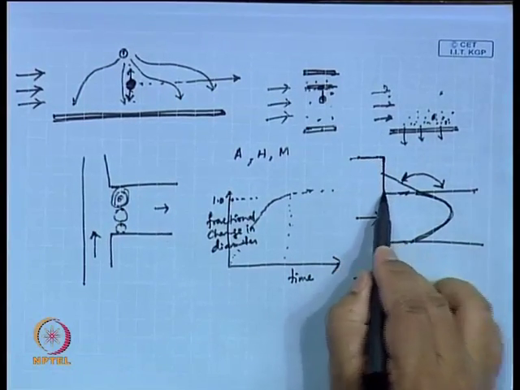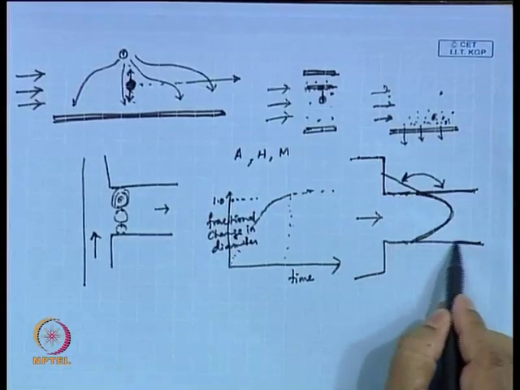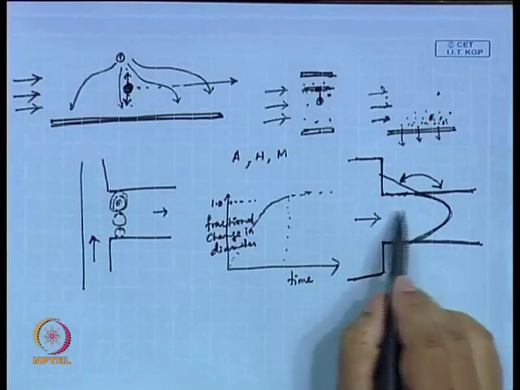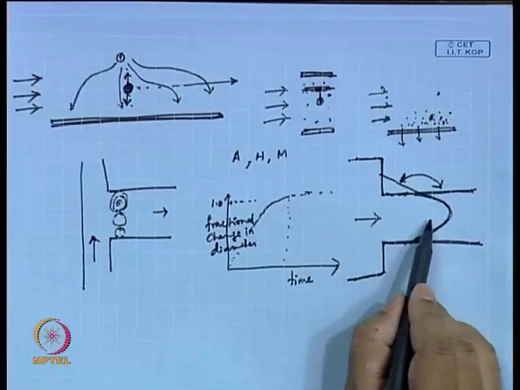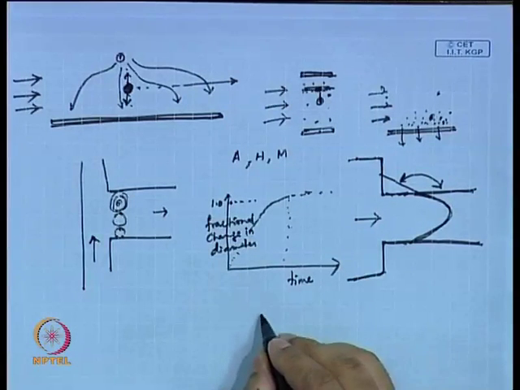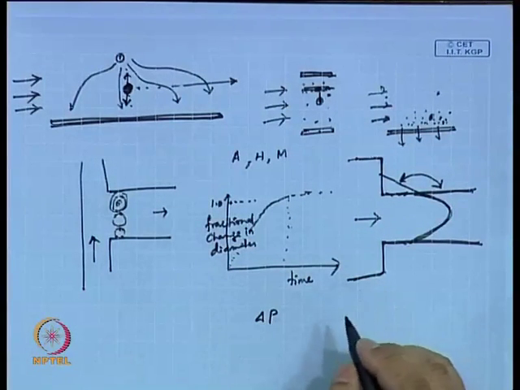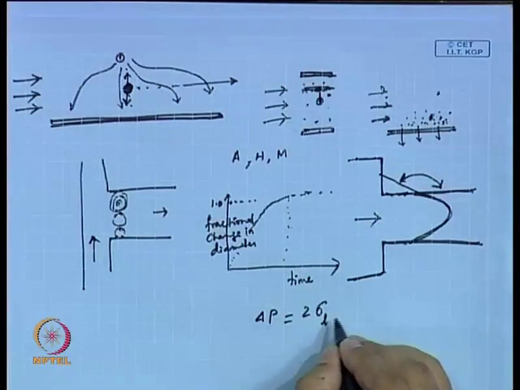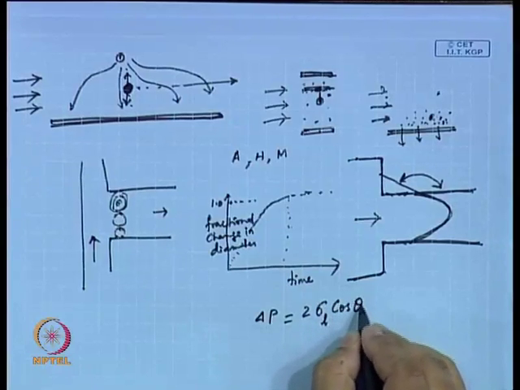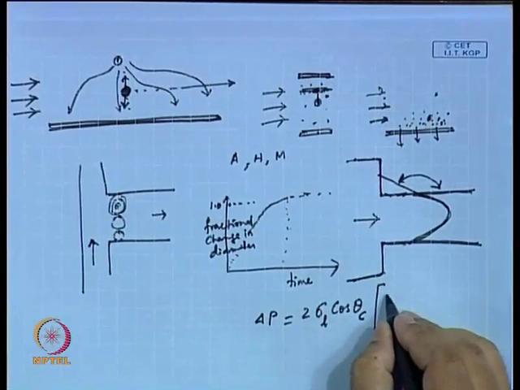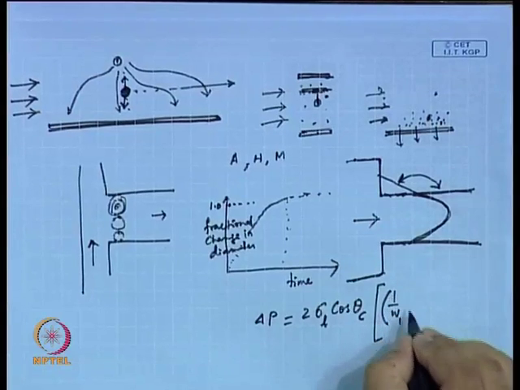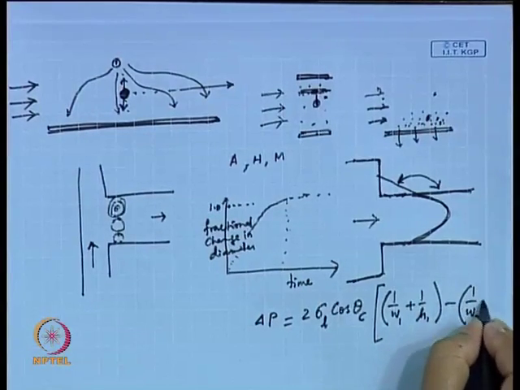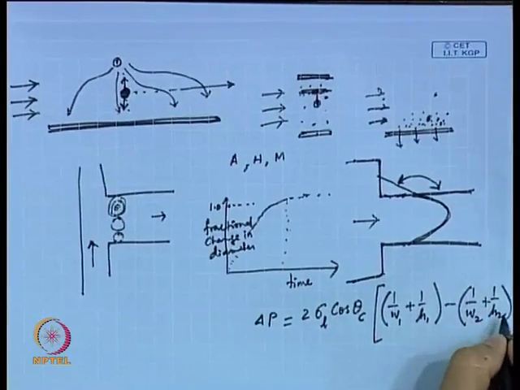So, this was the original channel, and you are pushing the liquid through this channel. So, in that case the delta P, the pressure difference that you have to provide is given as 2 sigma cos theta c into (1/W1 + 1/H1 - 1/W2 - 1/H2).